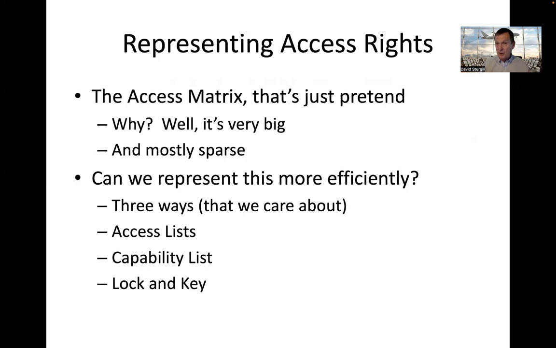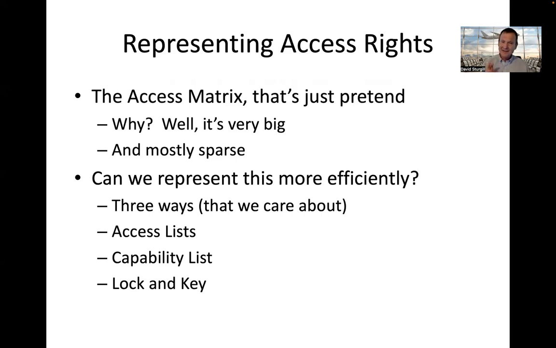The answer would often be nothing, or it would be the same thing as everyone else. Maybe everyone can send jobs to a particular printer. If those are what your access rights are like, if that matrix would be a big matrix that's either sparse or has a bunch of the same entries within a particular column, an access matrix is a bad way to represent that, which is why we have these other three alternatives for representing that.